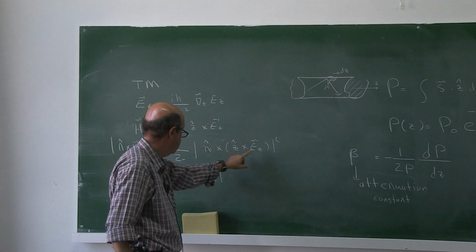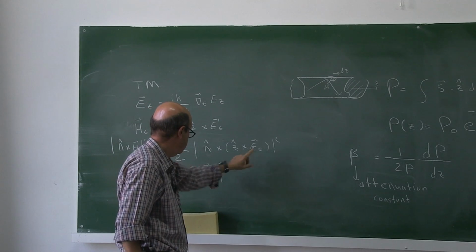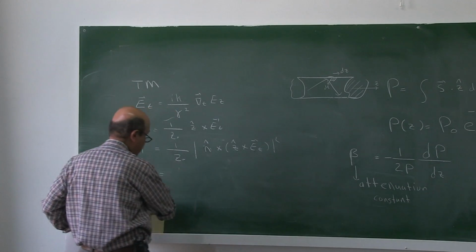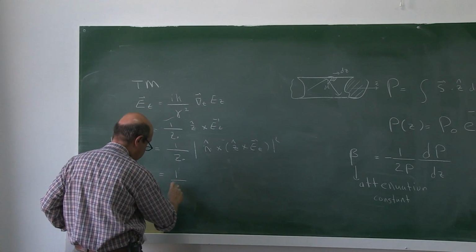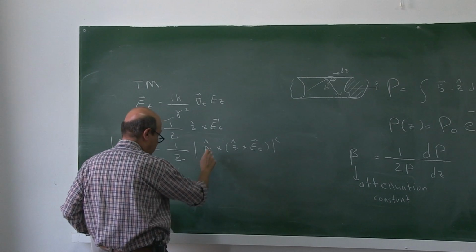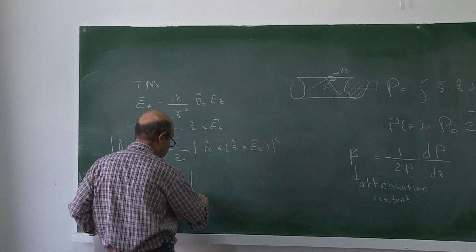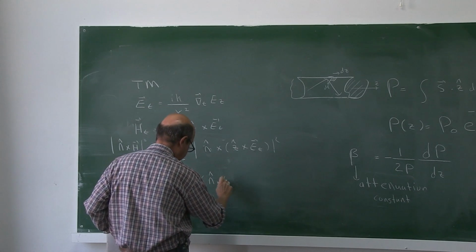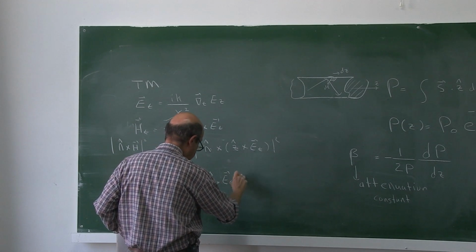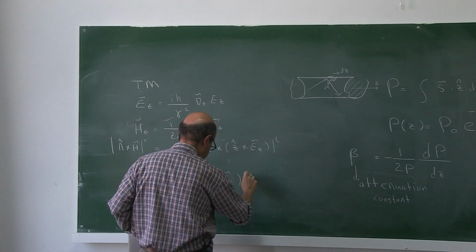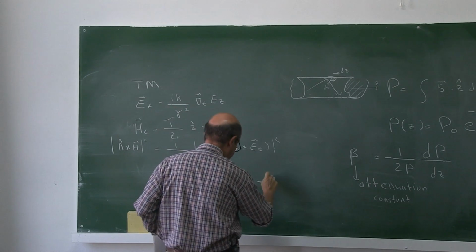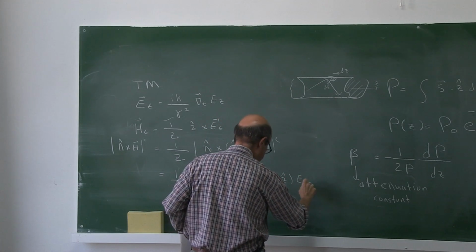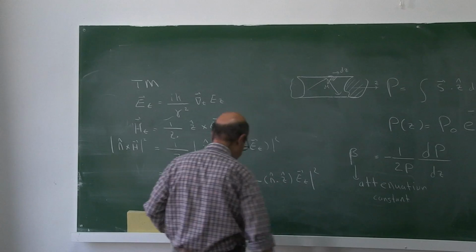Okay, sorry about this. Let me write this in open form. So this is equal to A dot C, N dot E transverse along Z, minus N dot Z, E transverse square.